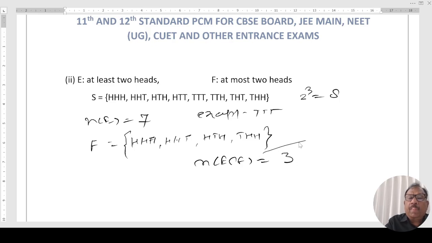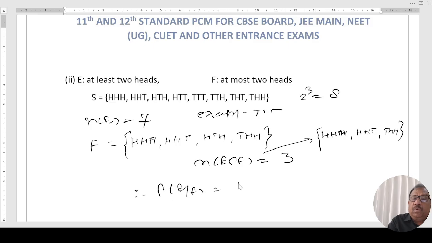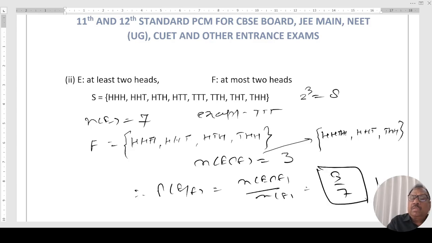That will be HHH, HHT and THH. Right? उसमें 7 रहेंगे. Therefore, P(E/F) will be equal to N(E ∩ F) over N(F). That is 3 by 7. Right? Next part.